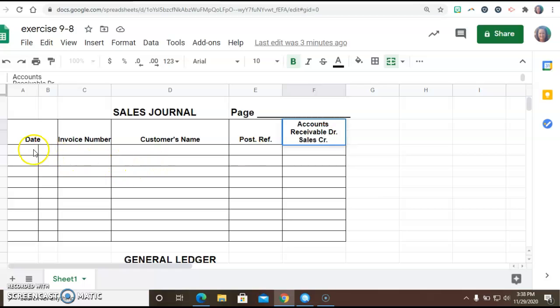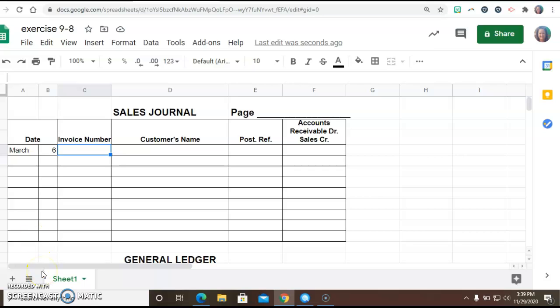All right, so we're just going to work through our transactions here on March 6th. On March 6th, go ahead and put my date in. We sold merchandise on account to Osborne Incorporated, invoice 1128 for $563.17. So again, I think you're going to really like the setup of the sales journal.